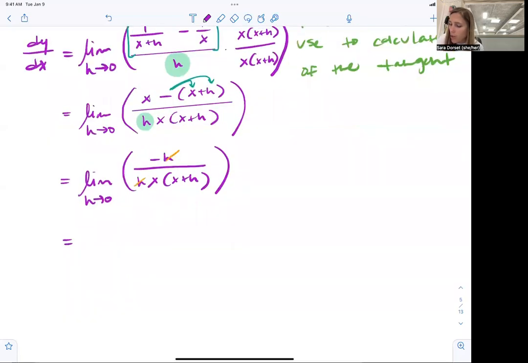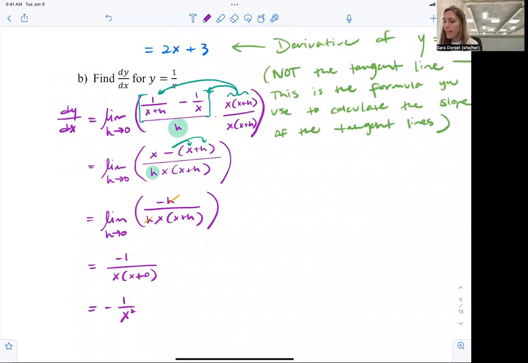And if we use direct substitution, we would end up with negative 1 over x times x plus 0. Well, that just simplifies to be negative 1 over x squared. So this is our derivative. This is the formula that we can use to calculate slopes of tangent lines to the curve 1 over x.